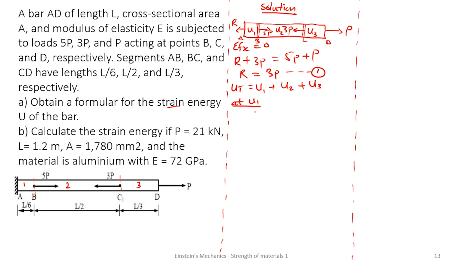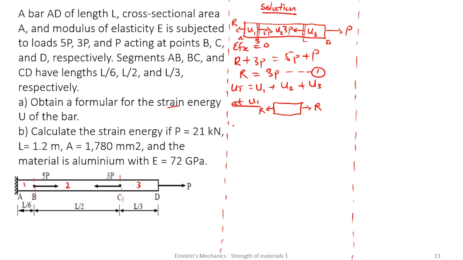If I make a cut at AB, I'm going to get this free body diagram where this is my R and this R, and there's going to be another R. But I know that R is now 2P.